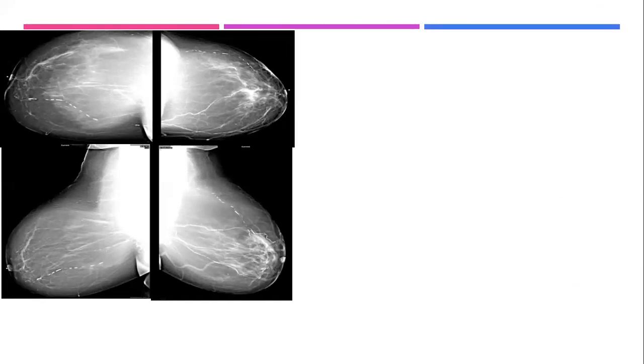Well, any abnormality in this lady, or is it a normal mammography? If it is screening mammography, positive or negative? Positive at the left breast. What is the abnormality in the left breast? There is an area of focal asymmetry at the center of the left breast.